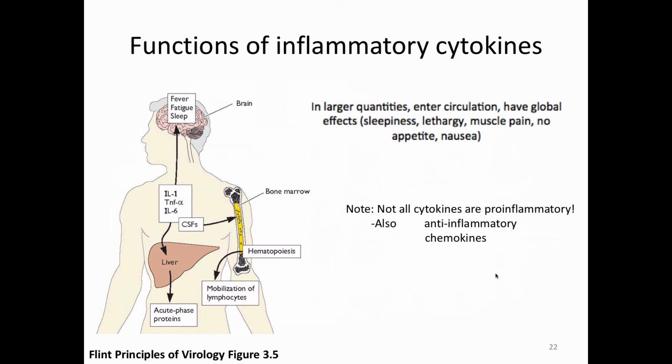All of these things might make you take it slow so that you actually can conserve energy towards fighting the infection and so that you're not going to get further infection as opposed to going out.